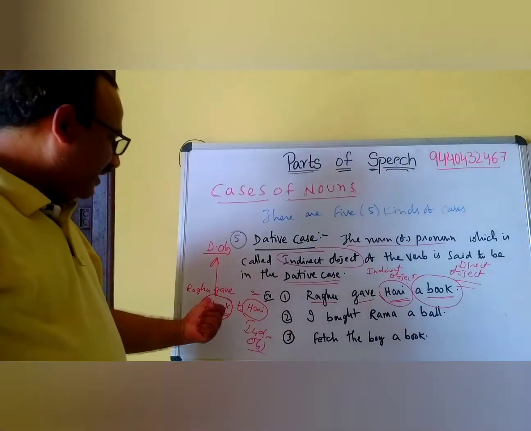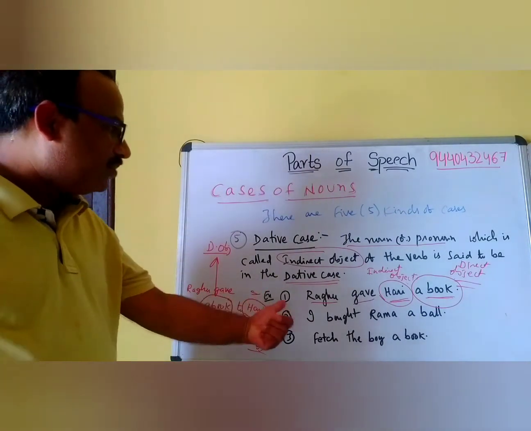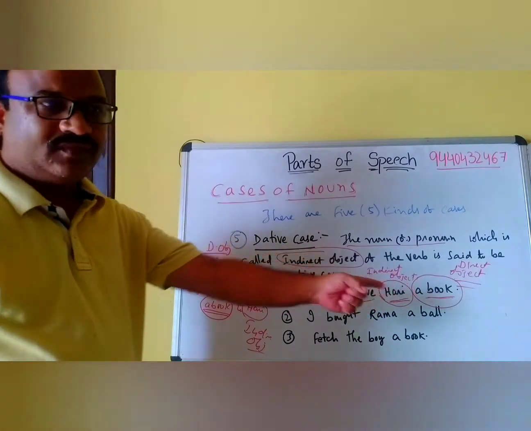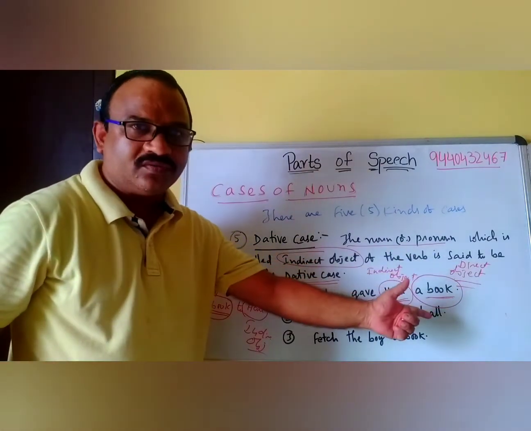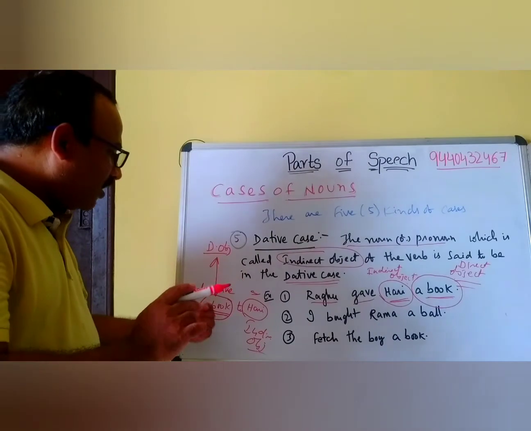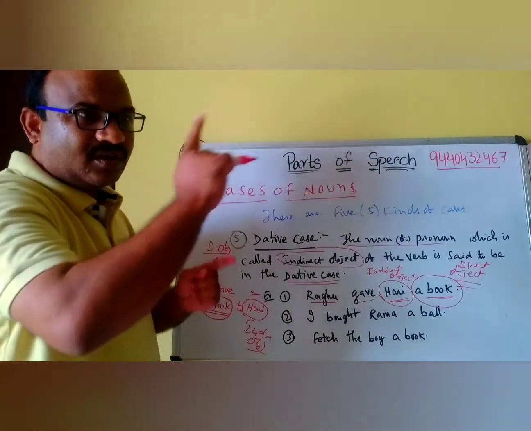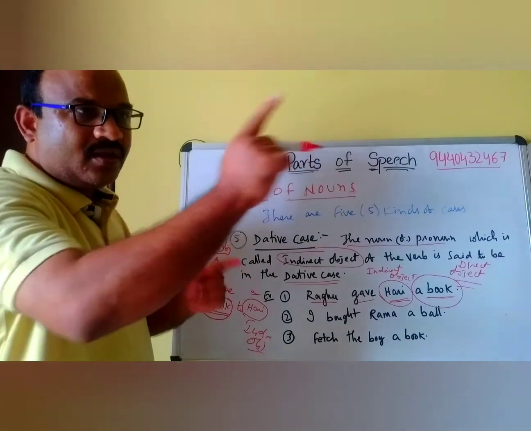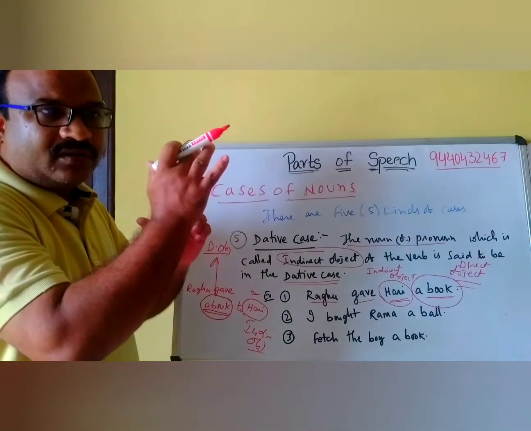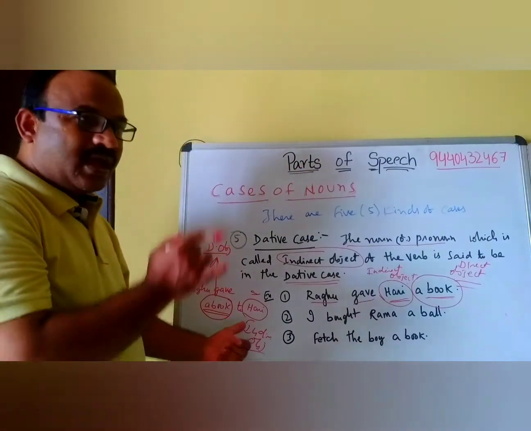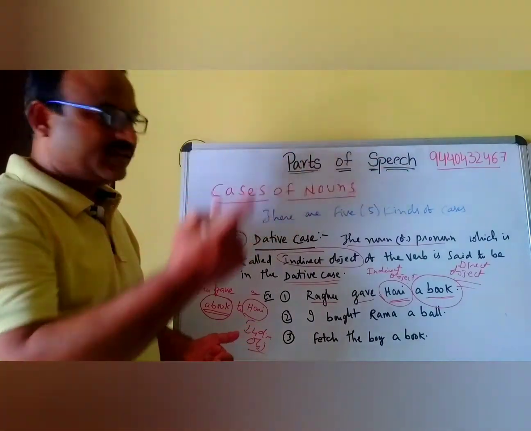See, here Raghu gave Hari a book. That means Raghu gave a book to Hari. So, here book is the direct object. Hari is the indirect object.